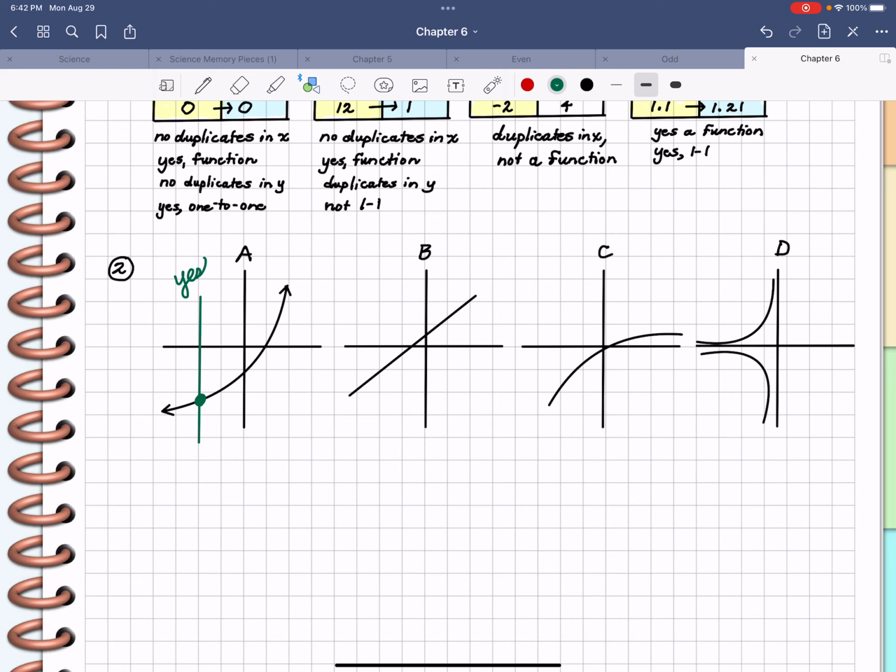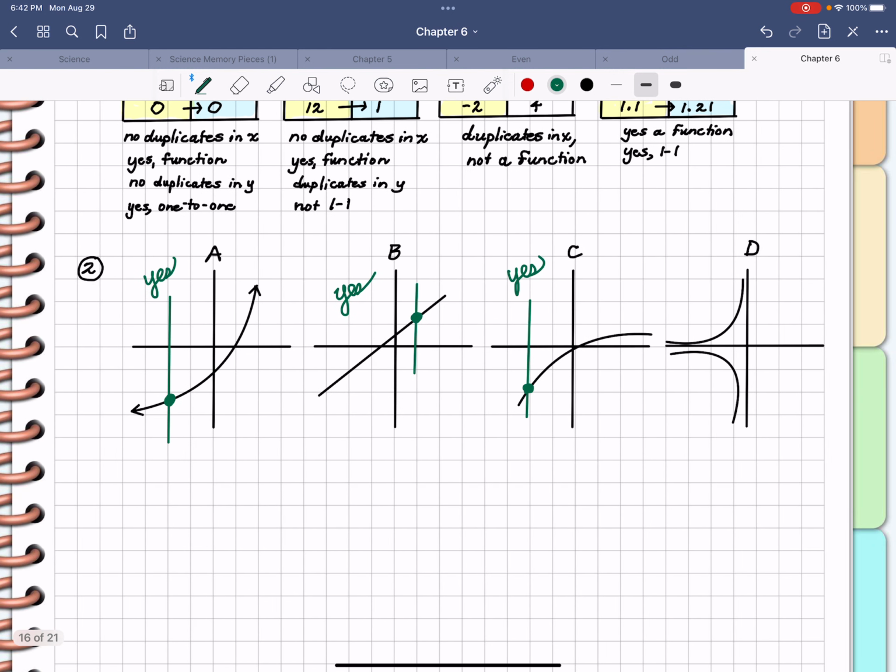B, let's put a vertical line. We'll put it over here this time. And it only touches in one spot, so yes, B is a function. C looks a little peculiar, but yes, it's a function. It passes the vertical line test.